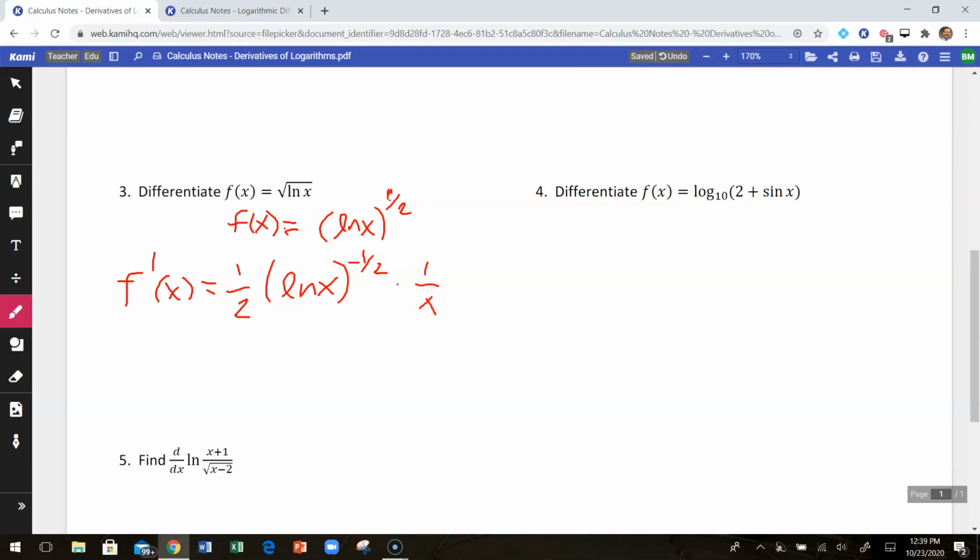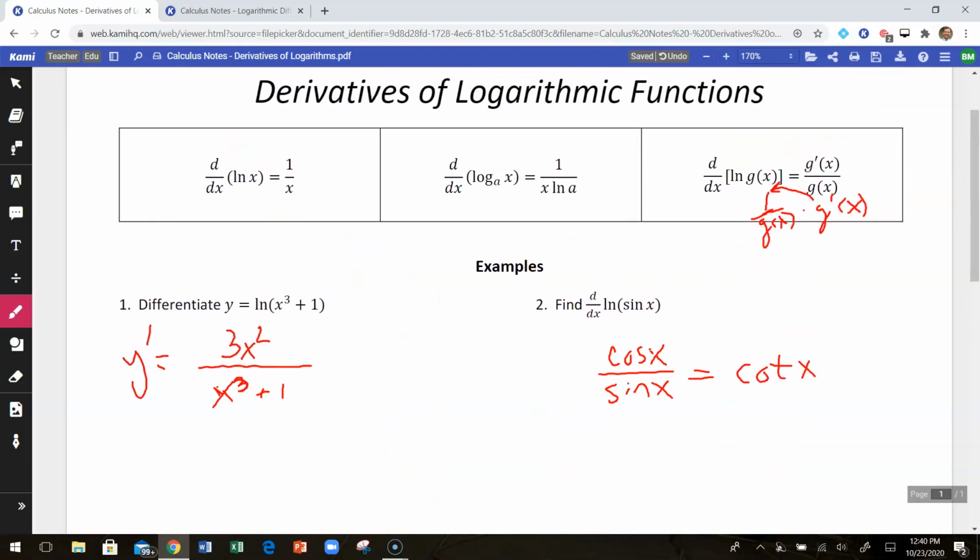Number 4, f of x is the log base 10 of 2 plus sine x. So f prime is going to be 1 over x ln a, right? So that's what we've got right here. And x is the stuff on the inside.